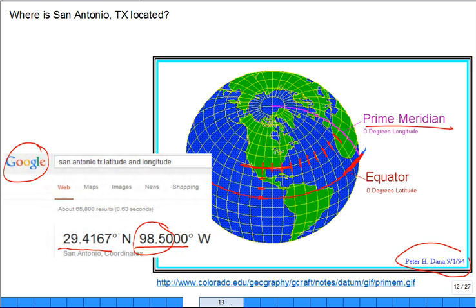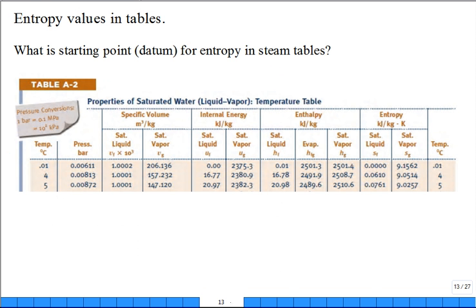All right. Go to the steam tables. We have this column of entropy, with the right units. Where's our datum point for steam? It's where it's 0. It's 0 at this temperature and pressure when it's saturated liquid.